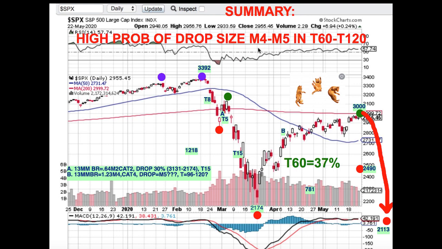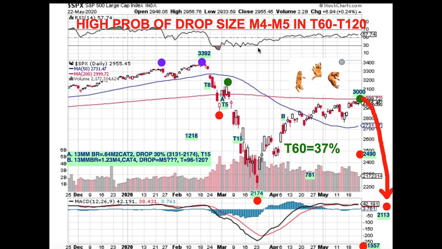Based off these matches in the historic analogs, this could actually take place anywhere from 60 to 120 days from now. Again, today is May 25th, 2020. We could see some substantial moves lower in the markets overall over the course of the next 3 to 4 months.